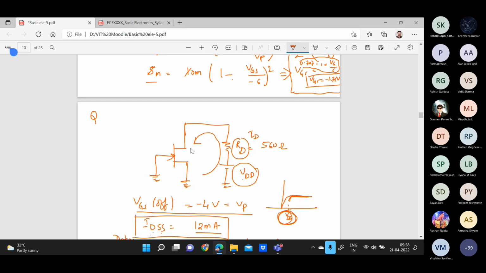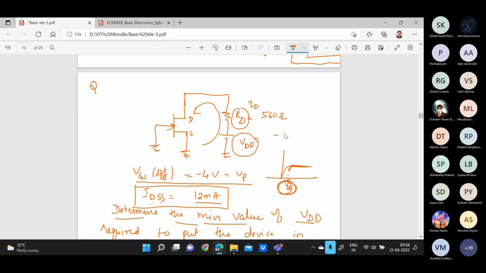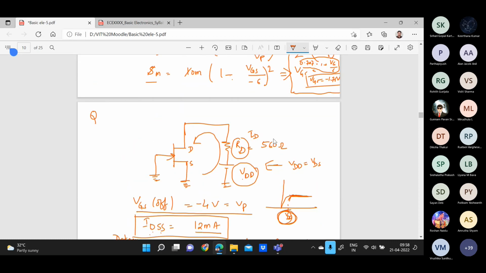So you will get VDD equals VDS plus IDRD. As you can see, VDD, IDRD, and the voltage drop across the drain to source, that is VDS. So you will get this formula.